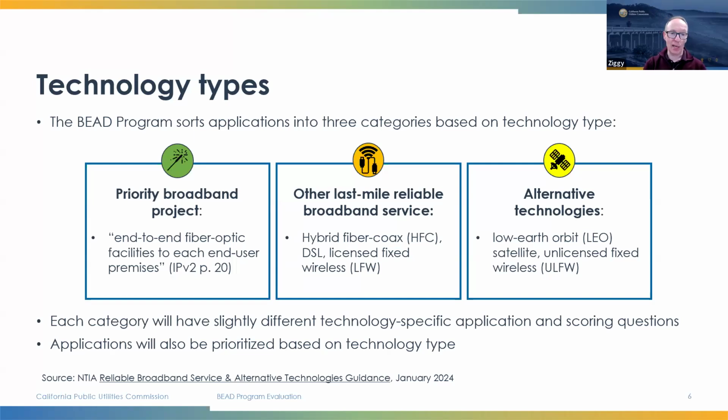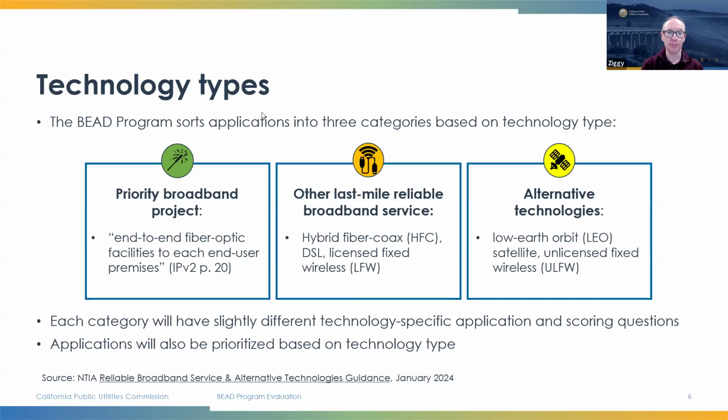So each category will have slightly different technology-specific questions and slightly differing scoring, just because the technologies are different. And applications will be prioritized based on these 3 groupings of technology types.